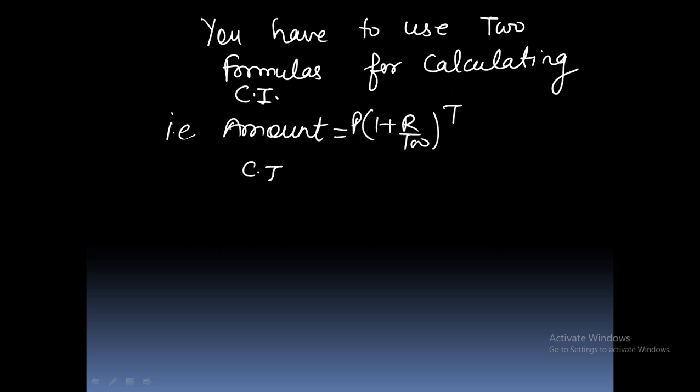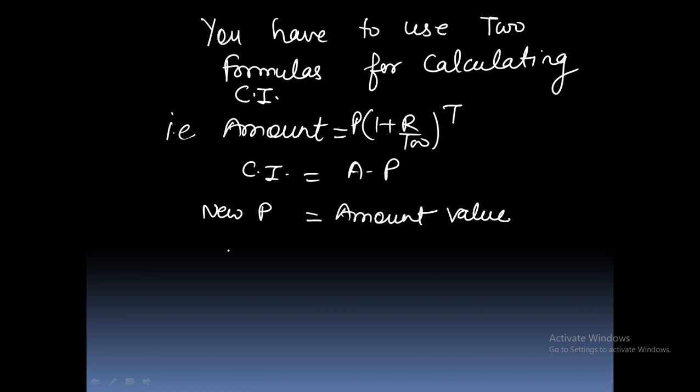First, amount is equal to P into 1 plus R over 100 power time, and then compound interest is equal to amount minus P. After that, the new principal value is equal to the amount value, and after that we will use the simple interest formula, that is P multiplied by R multiplied by T over 100.